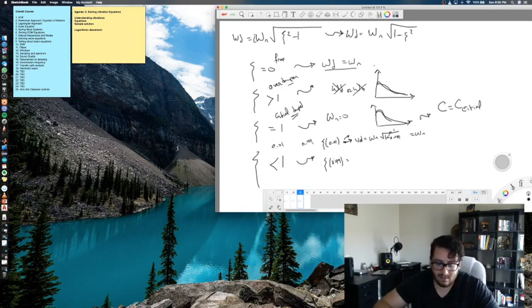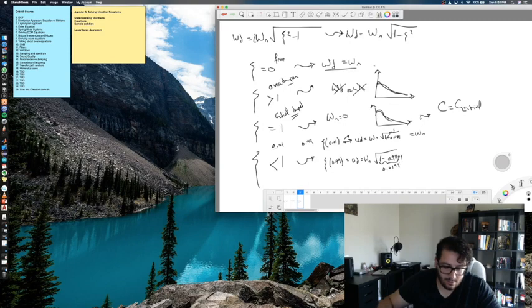Let's talk about the high bound. 0.99 times 0.99 gives me 0.9801. So 1 minus 0.9801 inside the square root is 0.0199.